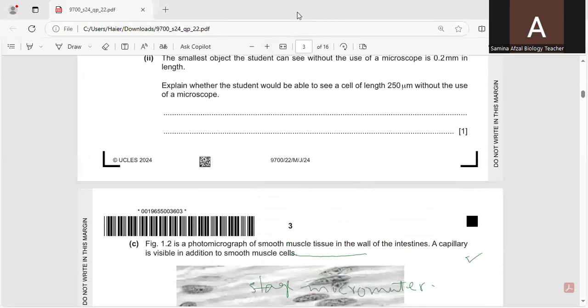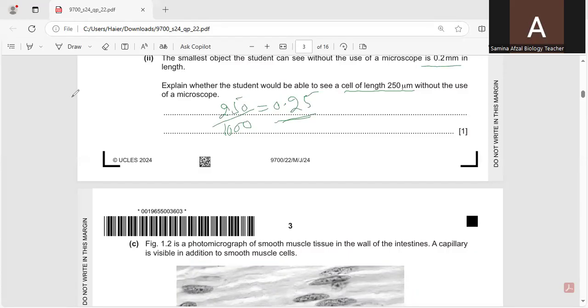So the next question is: the smallest object this student can see without the use of a microscope is 0.2 millimeter in length. Explain whether the student would be able to see a cell of length 250 micrometer. If we convert this, 250 micrometer divided by 1000 gives 0.25 millimeter, which is larger than 0.2 millimeter.